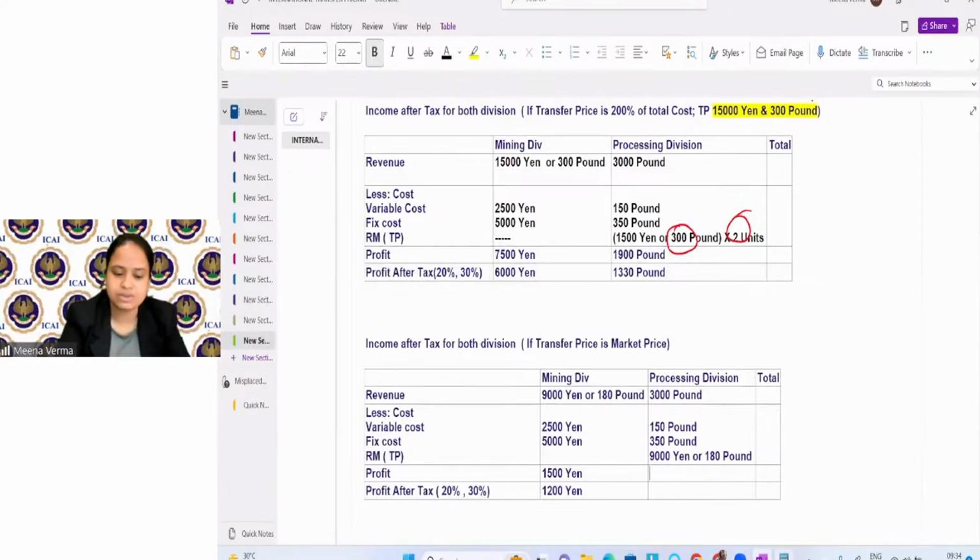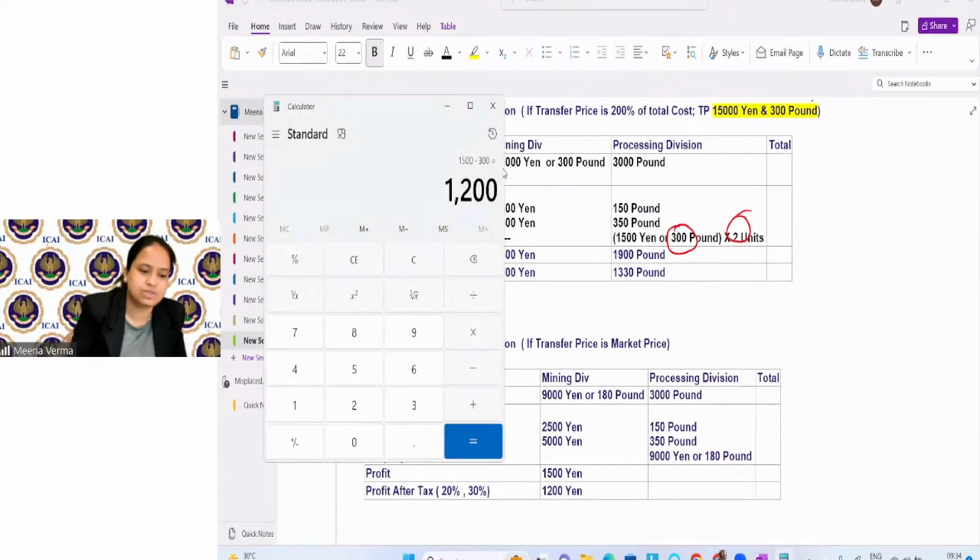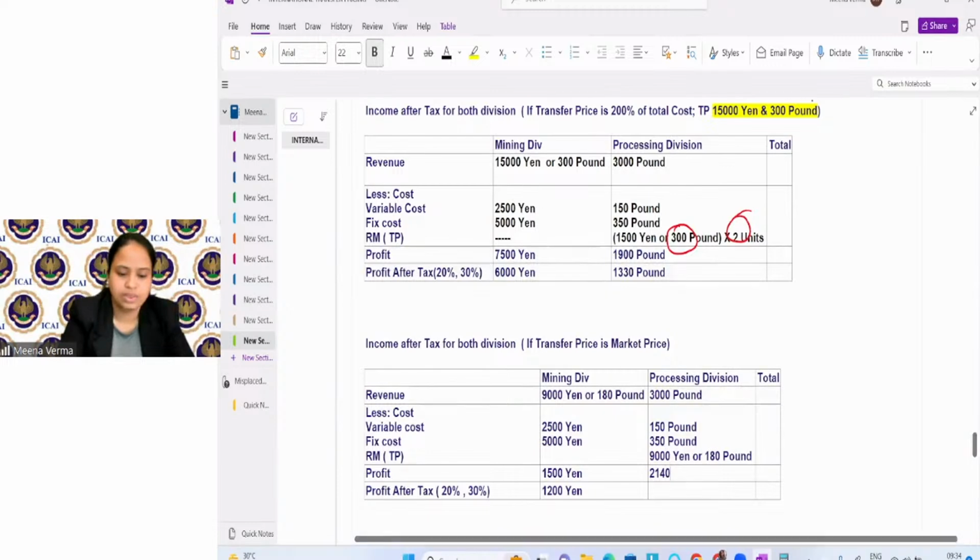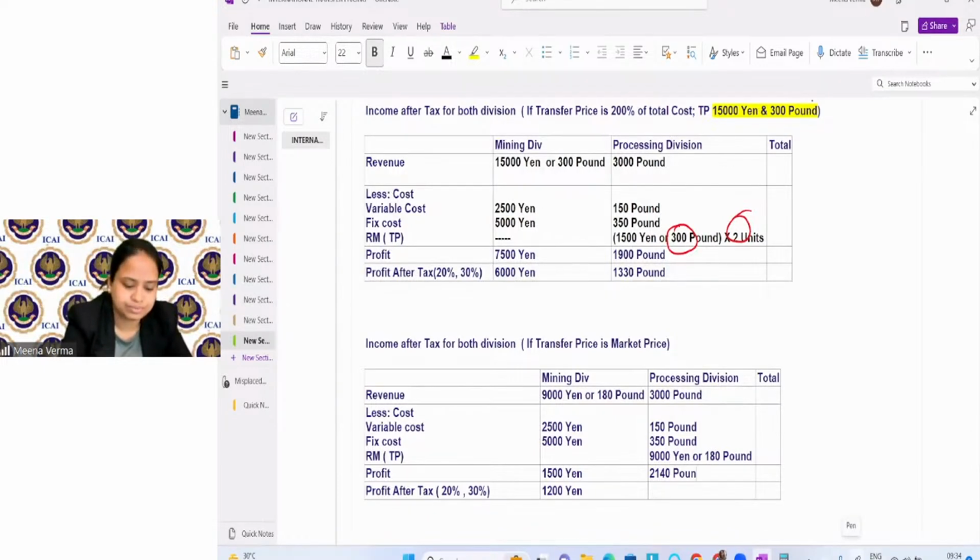Let me see what is the value coming here. 3,000 pounds minus 150 minus 350 minus 180 minus 180. 180 two times because we are using 2 units. 2,140 pound.